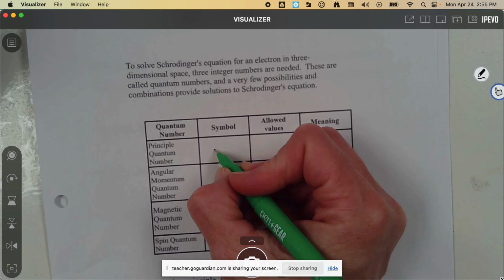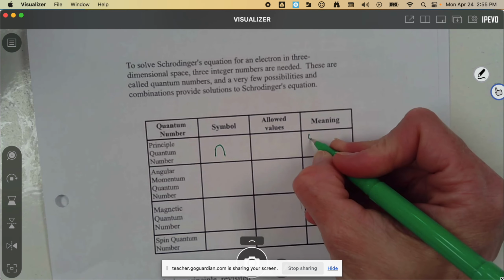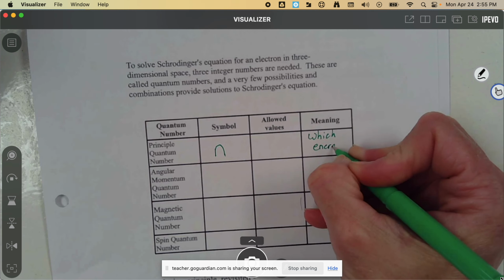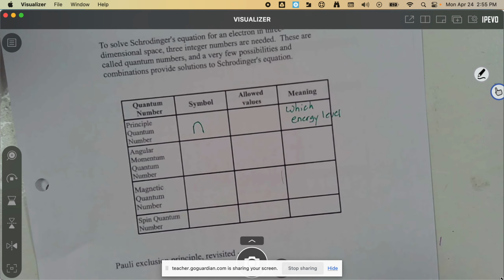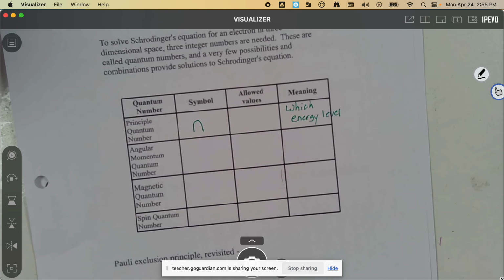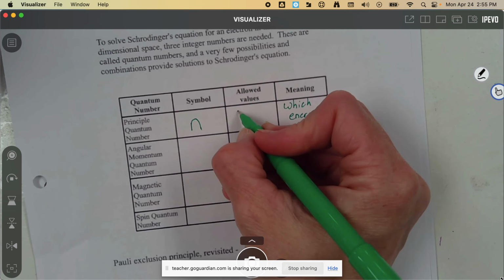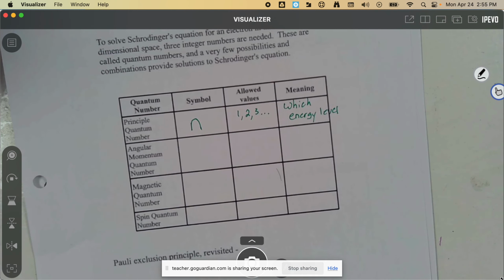You're familiar already with the principal quantum number, n. It tells you which energy level. Its allowed values are 1, 2, 3, and so on and so forth.